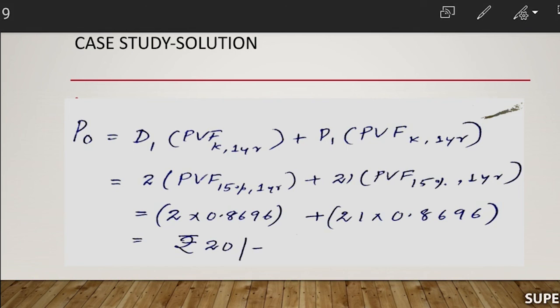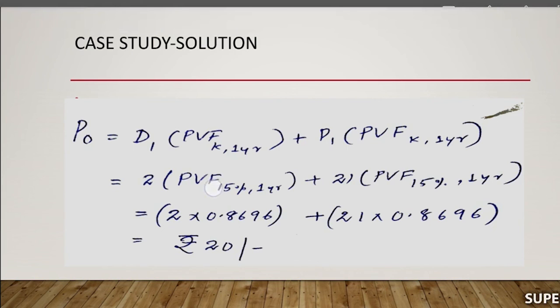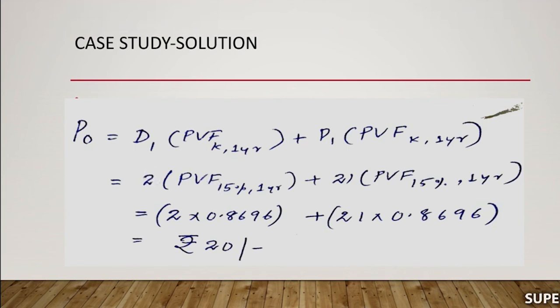Then we multiply that present value factor with 2 and also with 21, and add the present values of 21 and 2. Then we will get the intrinsic value.